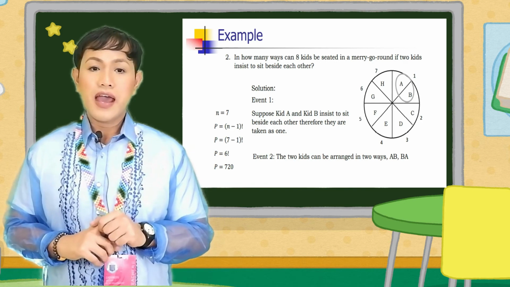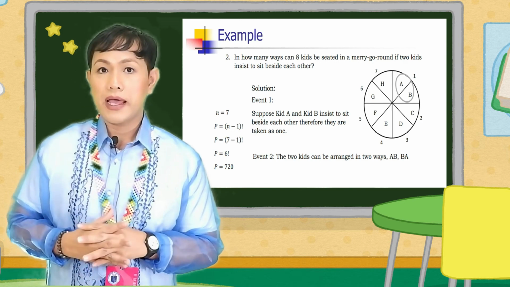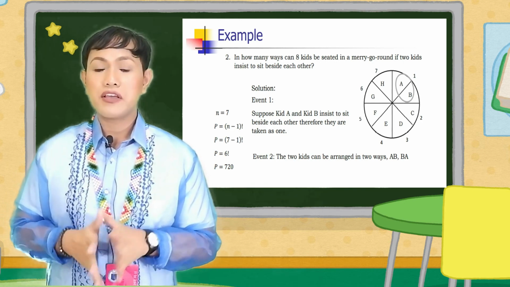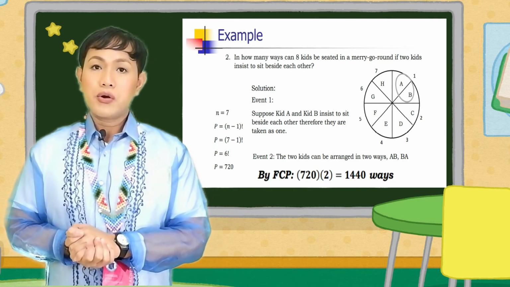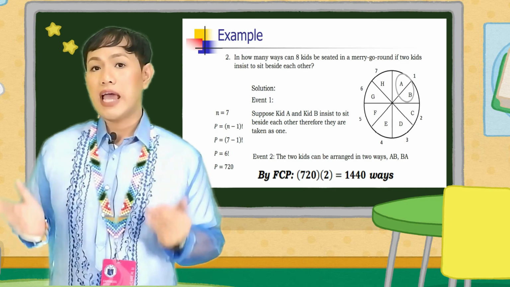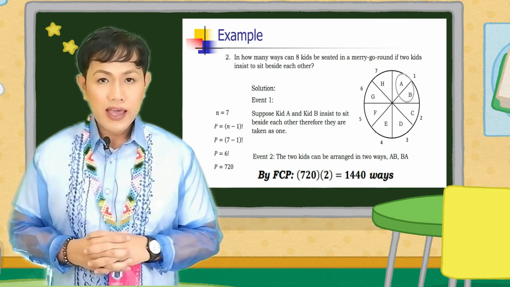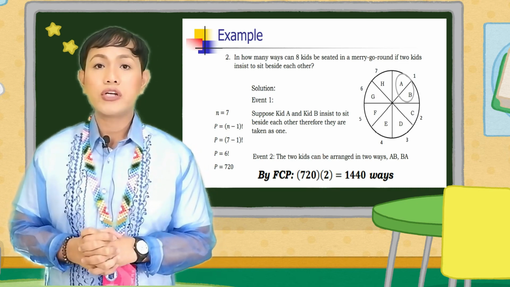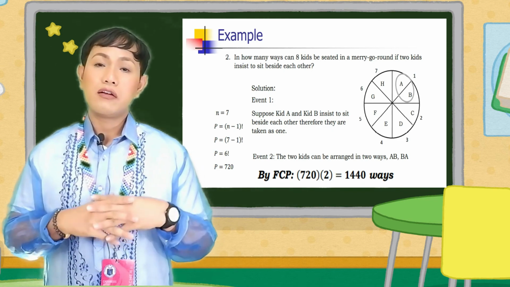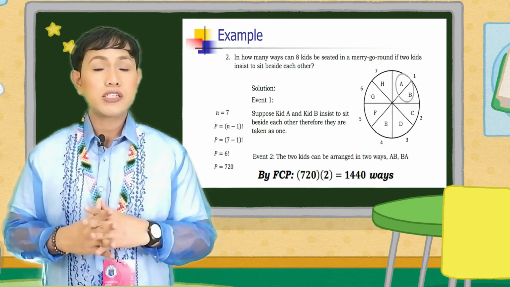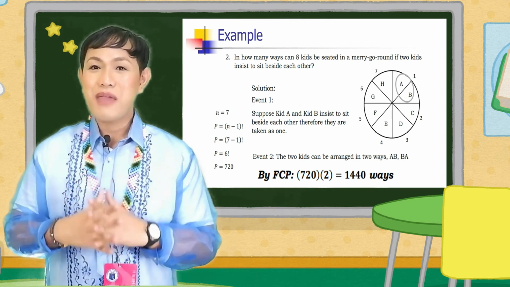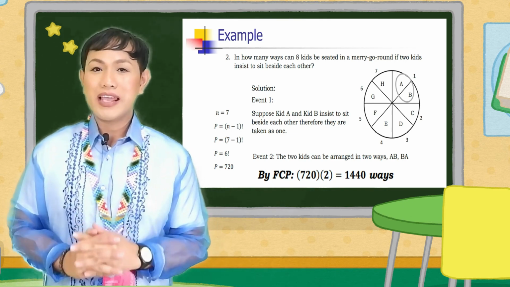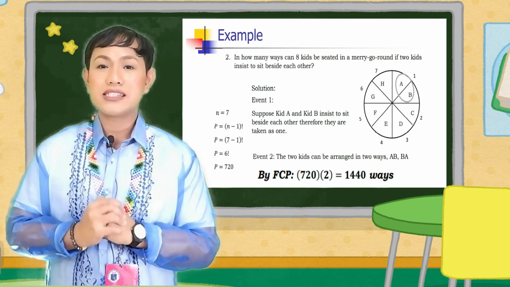This means that we still have to multiply 720, our previous answer, by 2. So, the correct and final answer for this kind of problem would be 1,440 ways. So there are 1,440 ways by which 8 kids be seated in a merry-go-round wherein 2 kids insist on sitting beside each other.